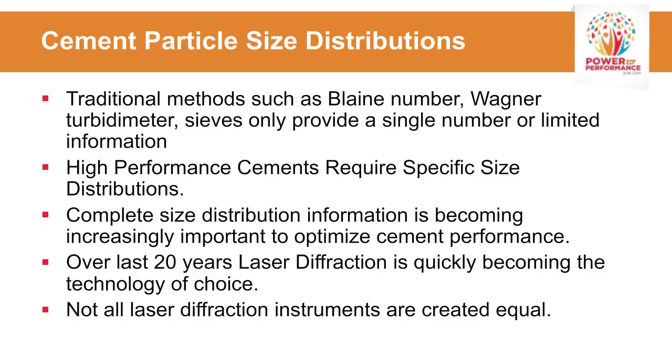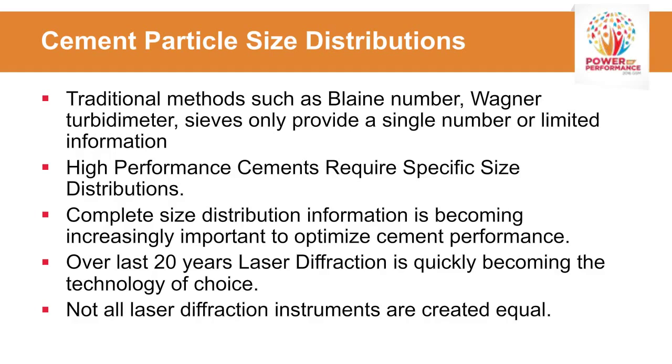And what has happened over the years as cement requirements have changed, high-performance cements have been needed with more stringent requirements. The particle size distribution information is needed in more detail to more properly control the quality of the cement versus its desired performance.